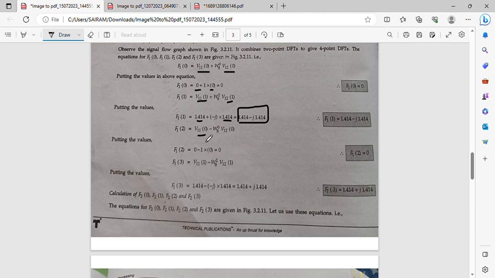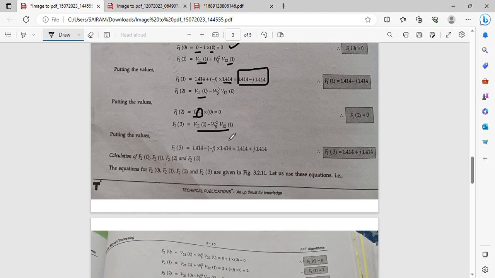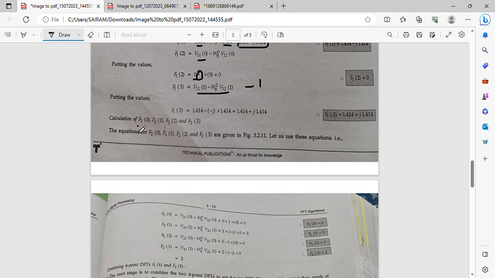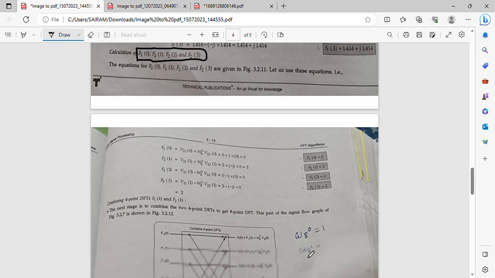See here, v11 of 0 for f1 of 2 is 0, and the same thing, right? This same thing only, it is minus, because minus 1 is getting multiplied, right? For this f1 of 3, the same thing, he has substituted the same value, but it is minus because minus 1 is getting multiplied, right? And here this is the calculation of f2 of 0, f2 of 1, f2 of 2 and f2 of 3. I showed you in a simplified manner.